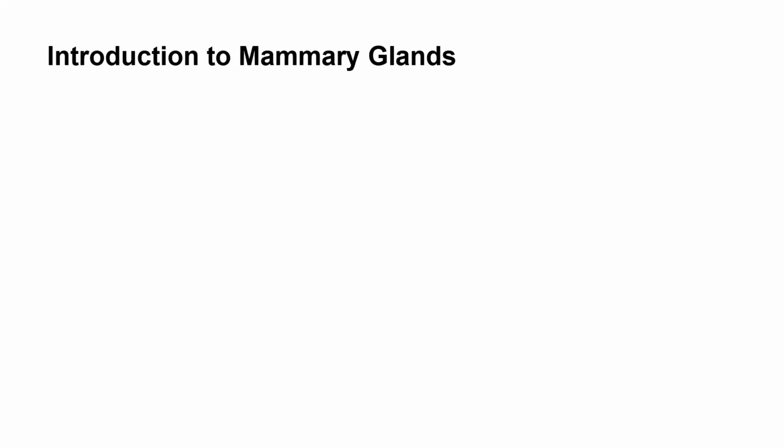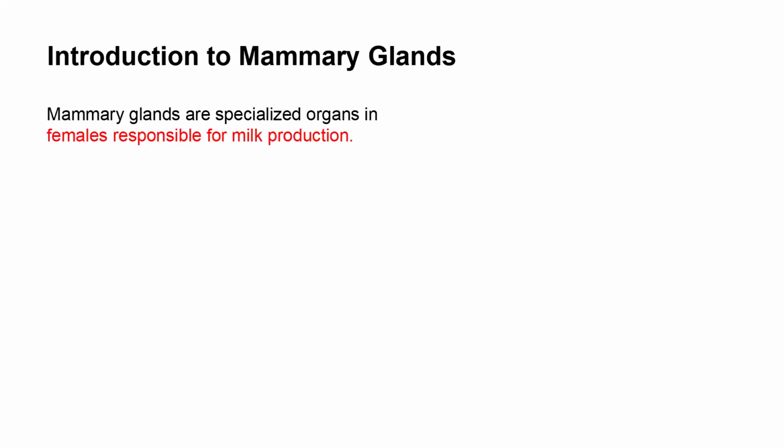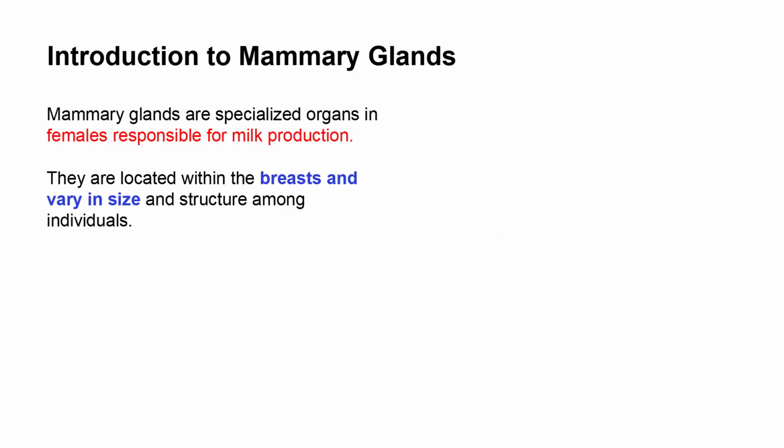Introduction to mammary gland. Mammary glands are specialized organs in females that are responsible for milk production. The mammary gland is only found in females, and its major role is to produce milk, especially during lactation. It is located within the breast.